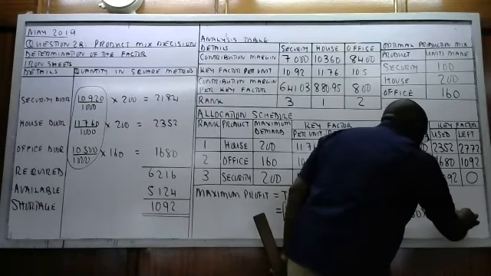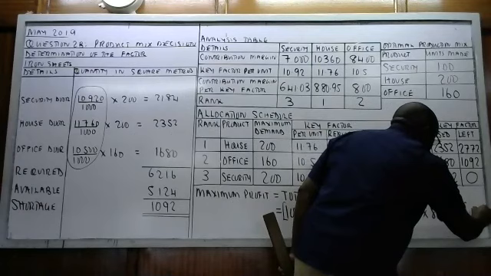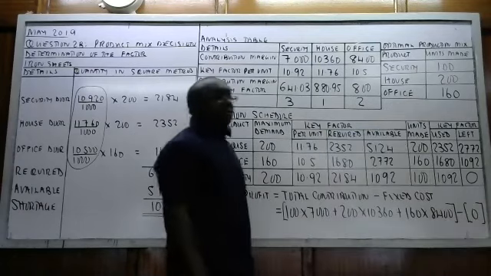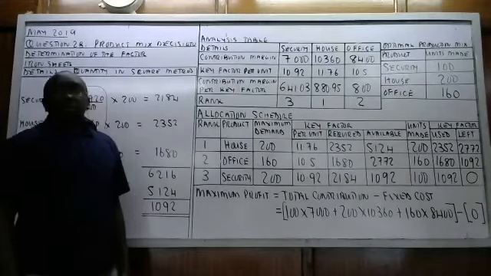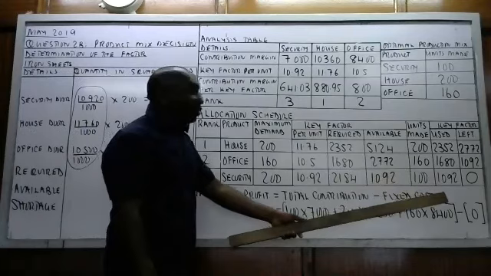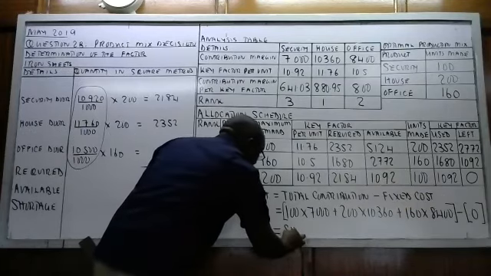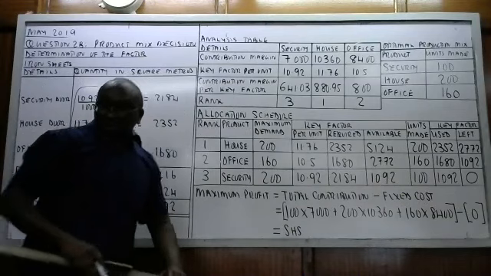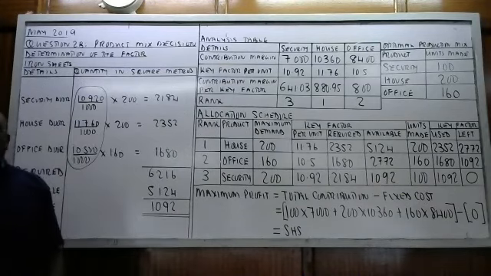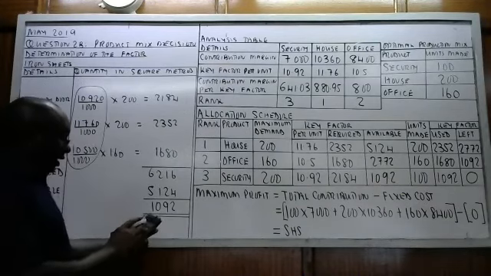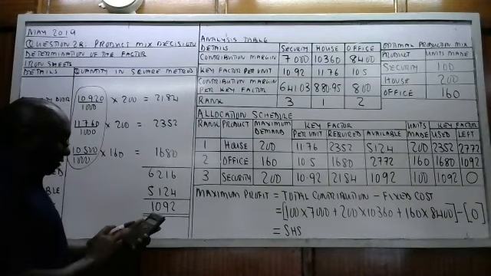That is the total contribution. Minus the fixed cost. This question has not mentioned. So I want to put it C. So tell me how much is this? That is 100 times 7,000 plus 200 times 10,360. Plus 160 times 400.